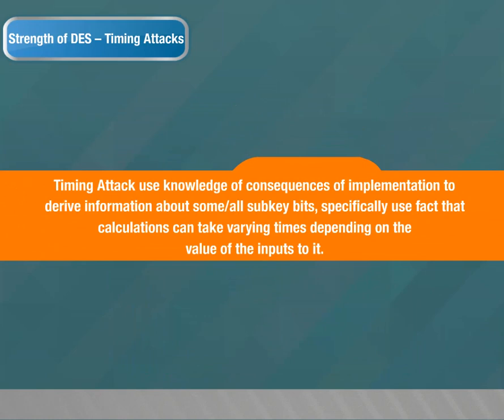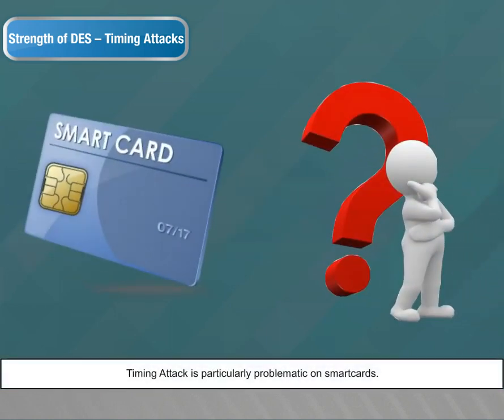Timing attacks use knowledge of the consequences of implementation to derive information about some or all subkey bits, specifically using the fact that calculations can take varying times depending on the value of the inputs to it. Timing attacks are particularly problematic on smart cards.